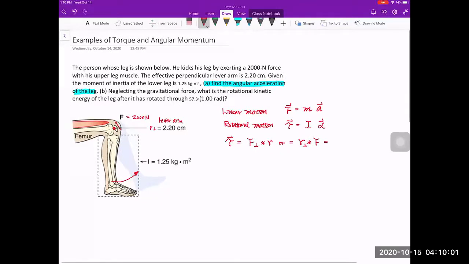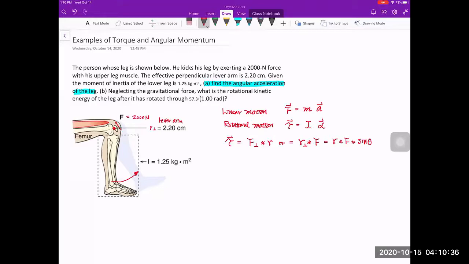More generally, you can write the distance multiplied with the force, then multiplied with the cosine of the angle. If you have an angle between the force and the direction of the pivot, this should be the sine of the angle instead of the cosine. So this angle is the angle between R and F.